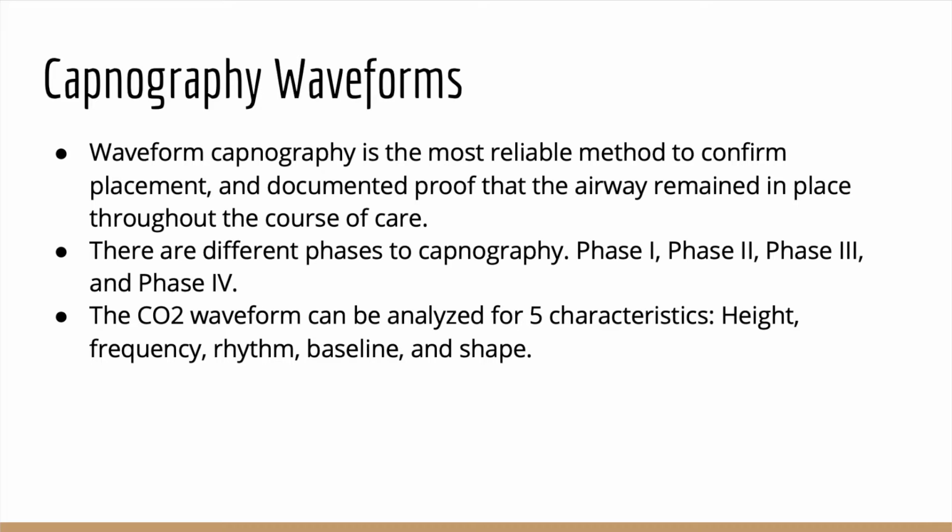So capnography waveforms can be used to determine information about both circulation and ventilation before, during, and after cardiac arrest. Each ventilation will produce a waveform, and the respiratory rate will be displayed with the end-tidal CO2 reading. So the different phases, I'm going to break them down and what each one measures.